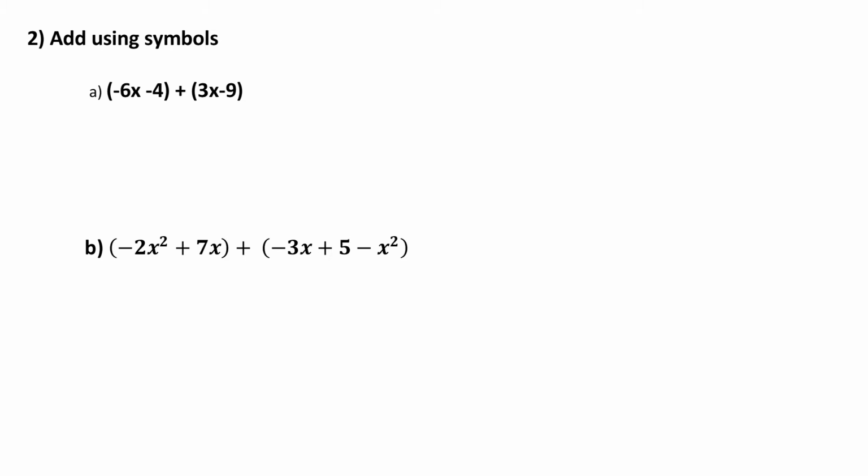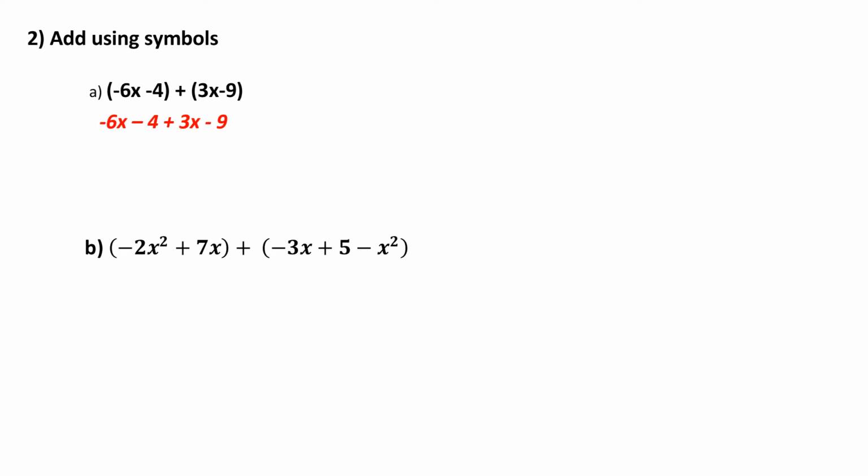Now, to add using symbols, the first thing we need to know is why are the brackets here? In this case, all the brackets do is show me that we are starting out together with these particular polynomials. So there is no number in front and no sign in front of each bracket. So there is no negative consequence to me removing the brackets.